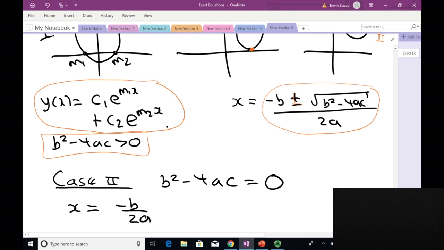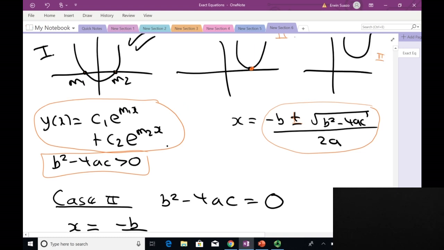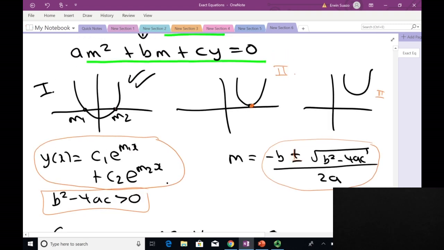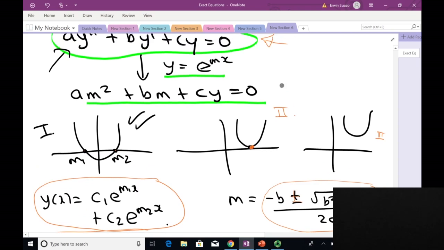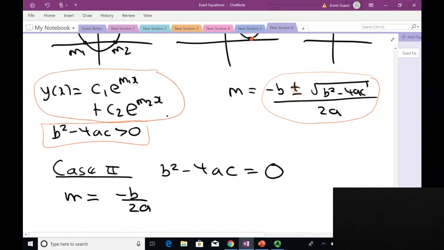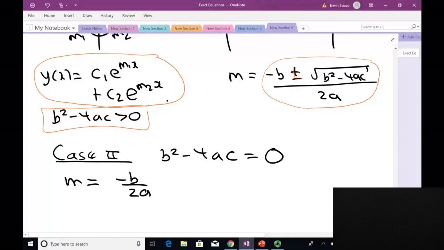I'm using m, right? So my only m is minus b over 2a.